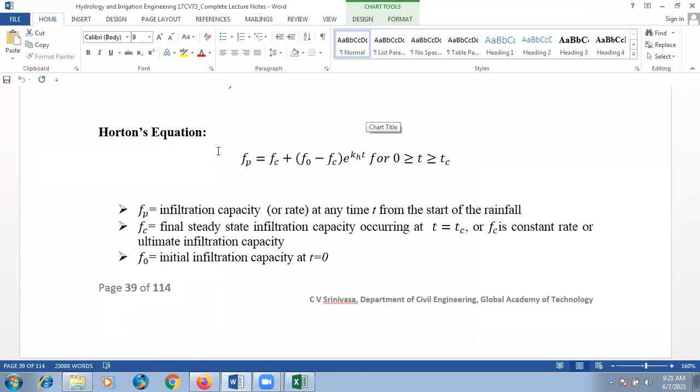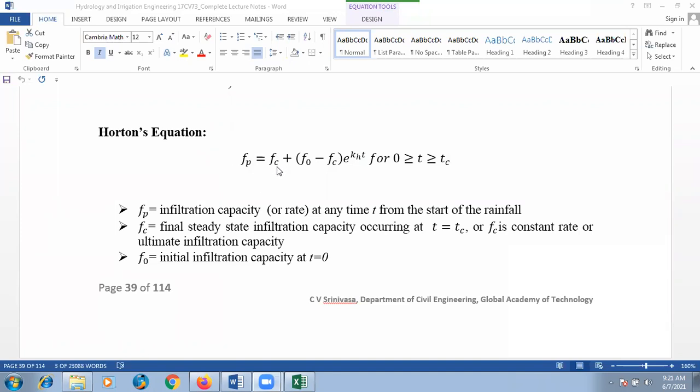So last class we were discussing Horton's equation. It is in respect of infiltration. A Horton equation consists of an equation of this kind, wherein the value fp, lowercase fp, represents the infiltration rate at any instant of time.